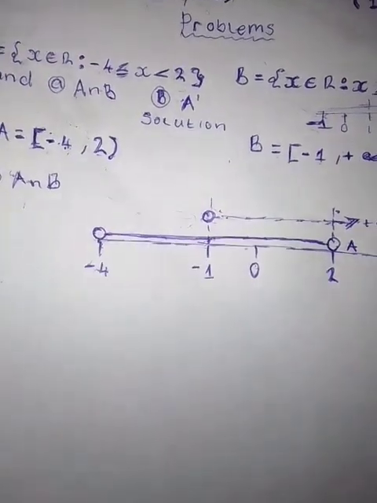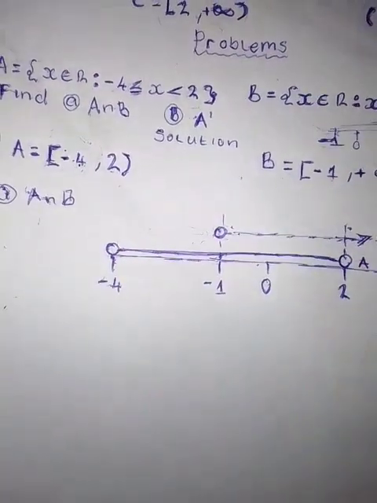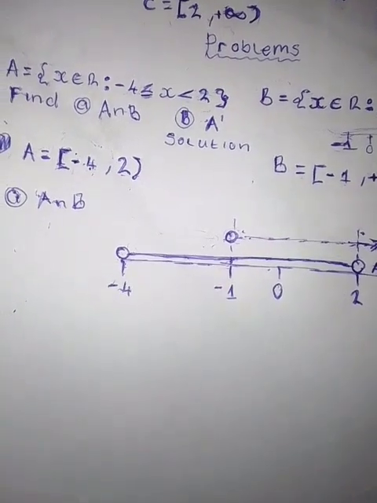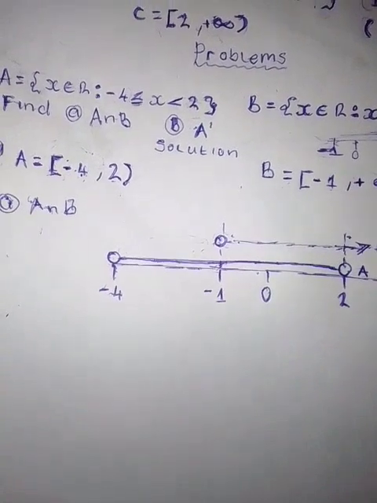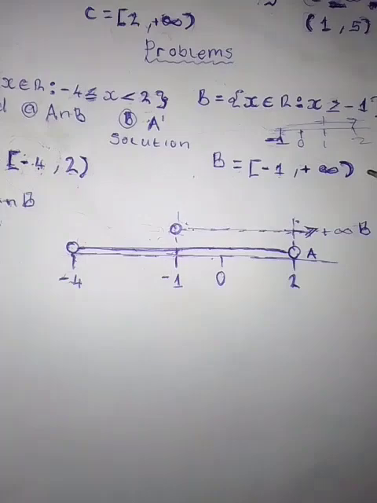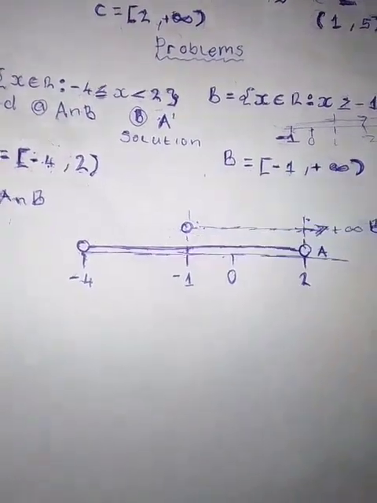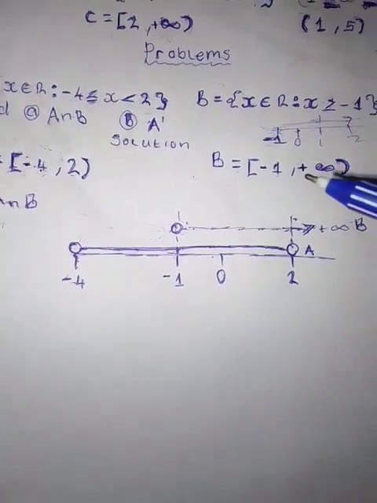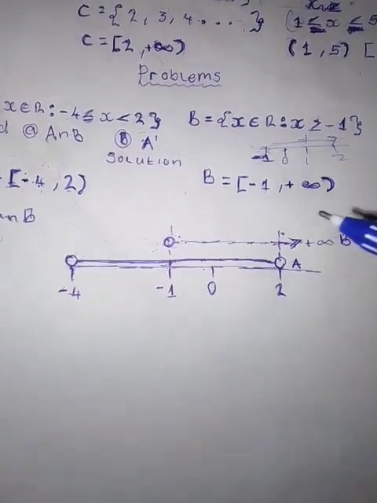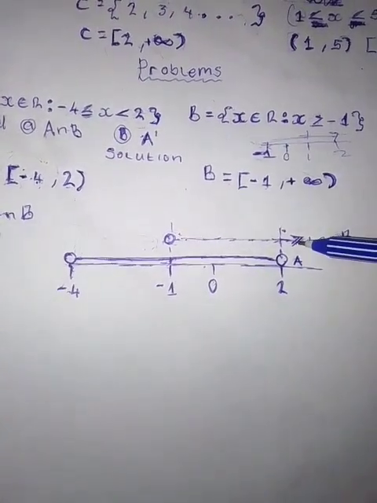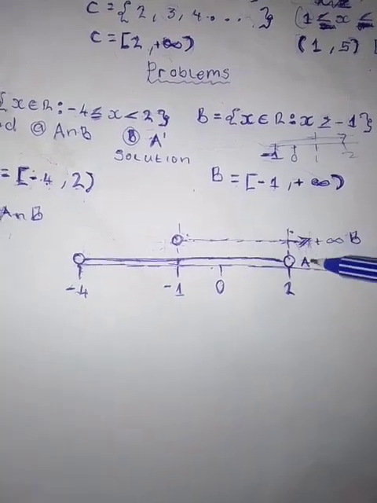Now remember, intersection is where we have members that are found in both set A and set B. When you look at this side, we don't have set B members, right? We are looking for an area where both are present. Here set B members are present, but set A members are not.